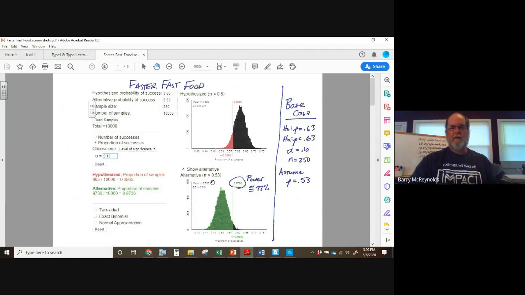when we looked at the alternative down here at the bottom, there were about 9,700 out of the 10,000 samples that we ran, where we would have correctly rejected the null hypothesis and found in favor of the alternate, that the true proportion was less than 0.63.